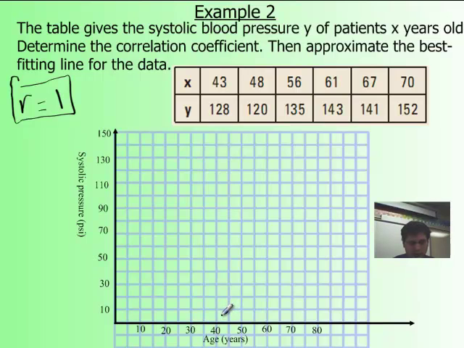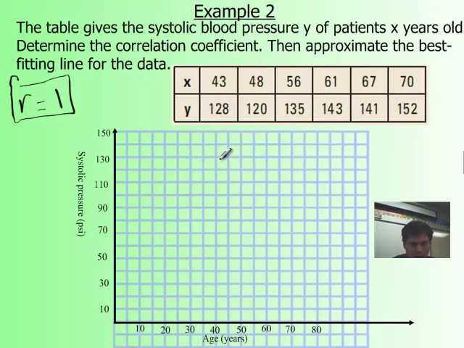So 43 is going to be about here, and then we want to bring it up to 128. I would approximate that's just going to be a shade below 130, and this is going to be a shade to the right of 40.